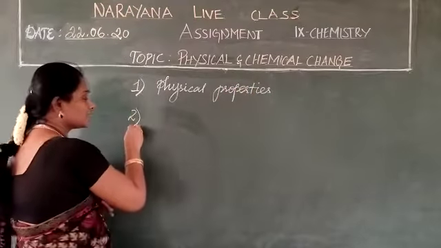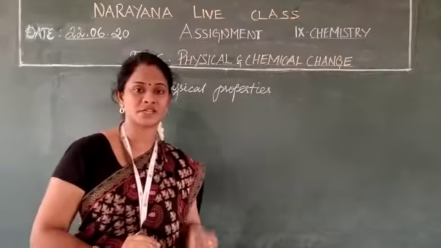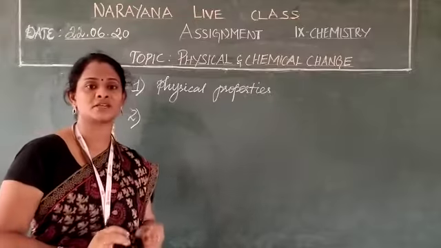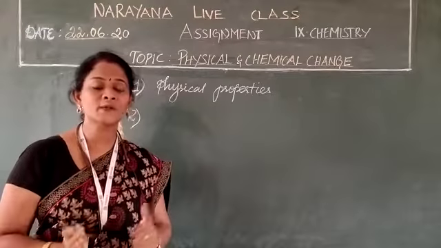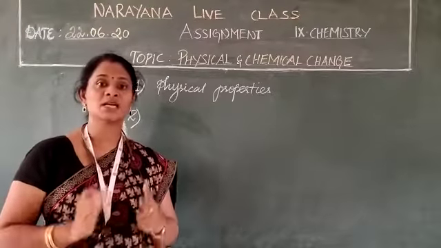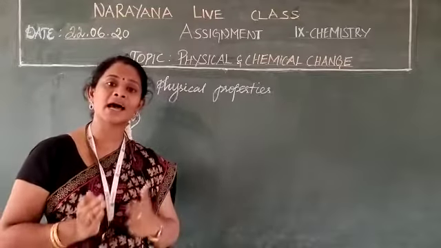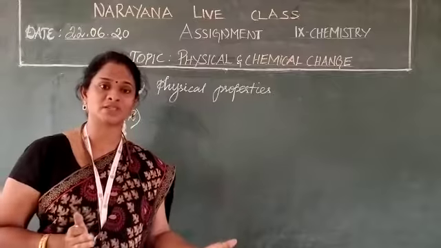Second one, interconversion of state is a physical change. What does interconversion of state mean? It is the change of state from one state to another by altering the temperature and pressure.